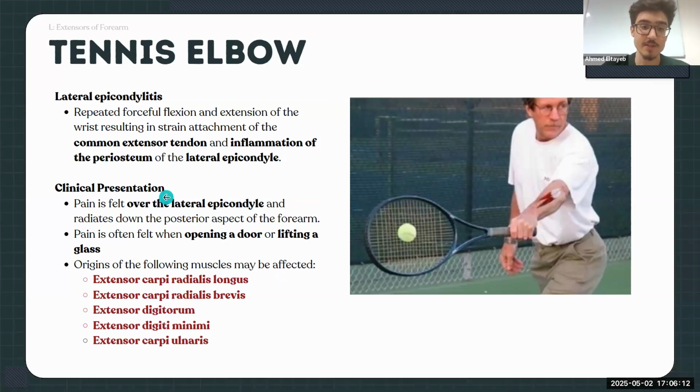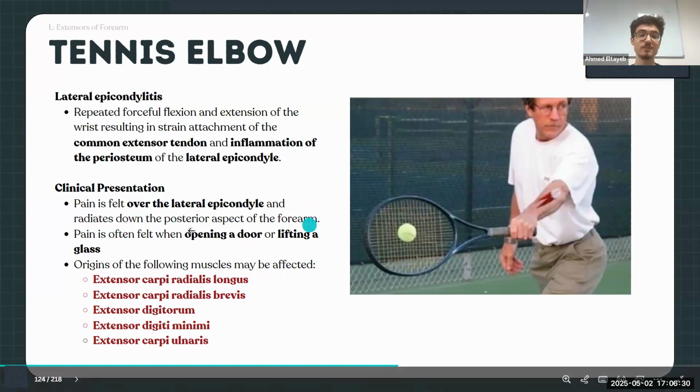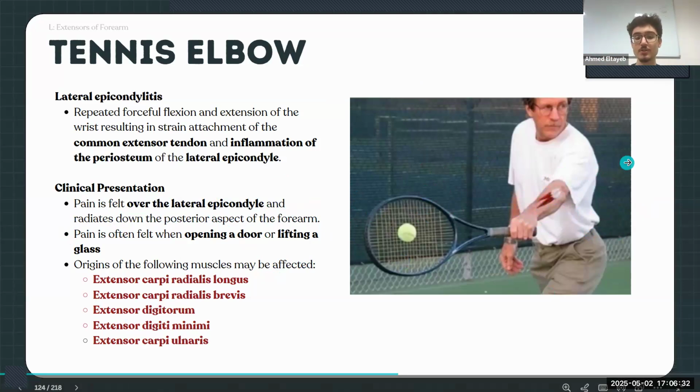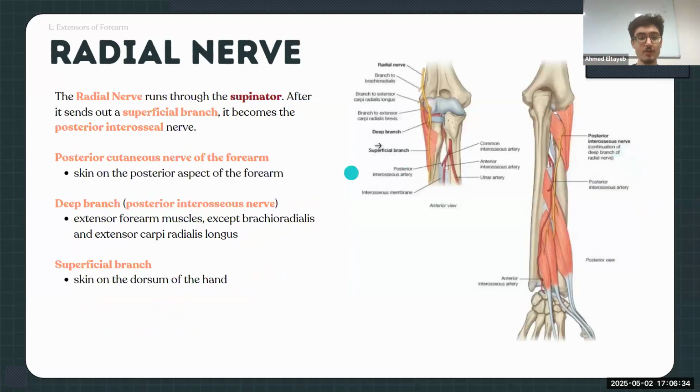In the clinical presentation, you're going to have pain and discomfort over that region. It's exaggerated, or especially felt, when you're doing activities such as lifting a glass or a cup of water, and even trying to open a door, because you're using all of these muscles. So keep these two details in mind because they could bring them up in your SAQs or even your MCQs.